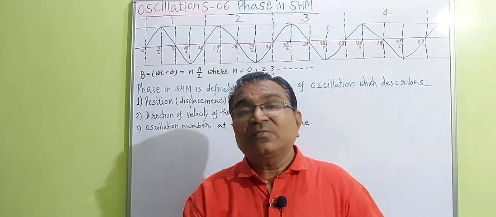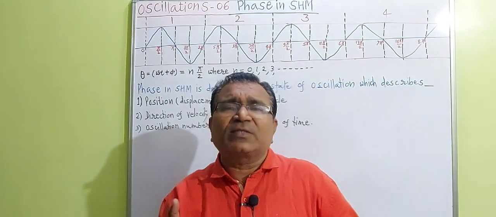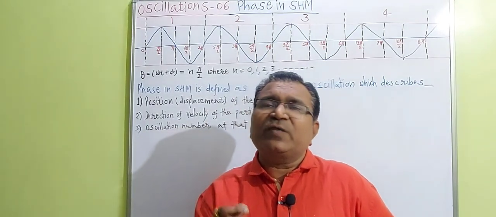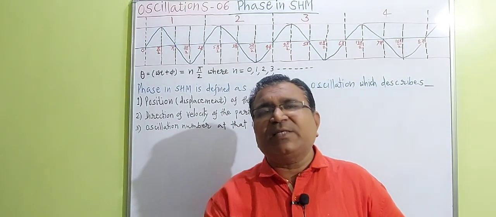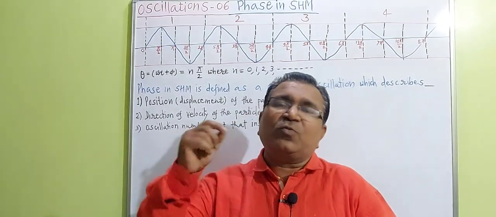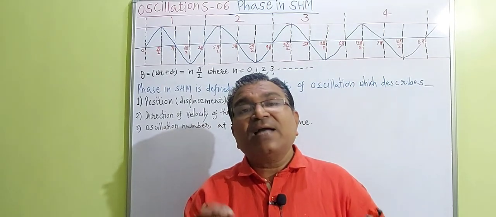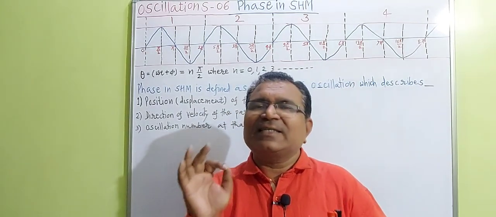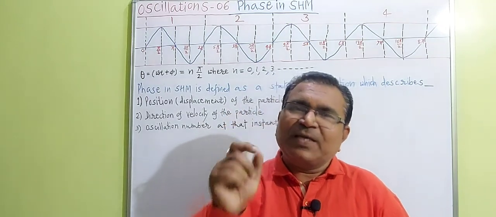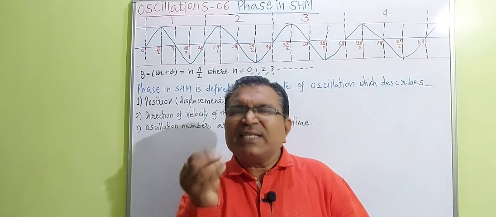Number two, direction of velocity. What is the direction of velocity? Whether the particle is moving from positive extreme towards mean, or from negative extreme towards mean, or from mean to positive extreme, or from mean to negative extreme. That direction is exactly suggested by phase in SHM. Also, phase in SHM suggests the oscillation number.